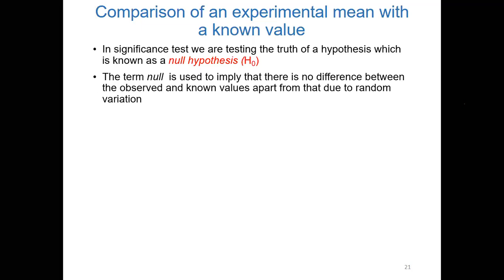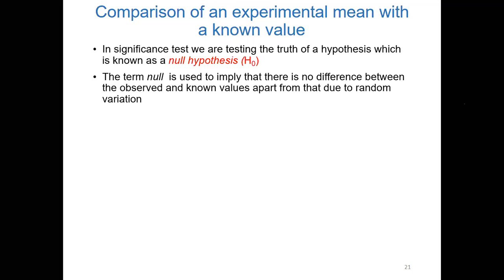First, we have to have a null hypothesis. Null means there's no difference between the observed and known values. There may be some random errors, some random variation, but there's no big difference between the observed and known value.